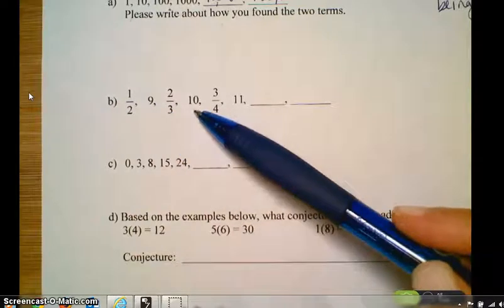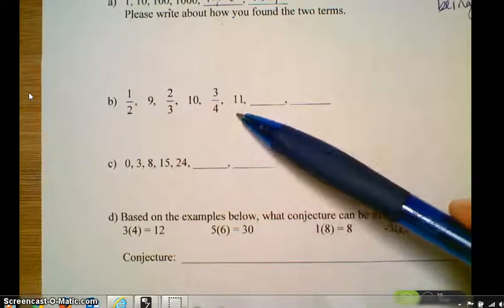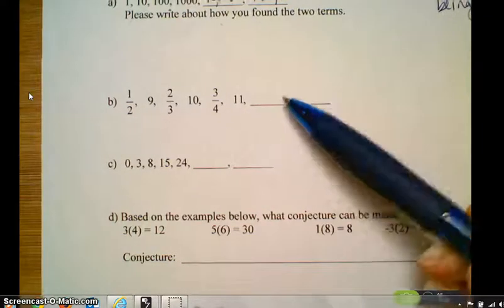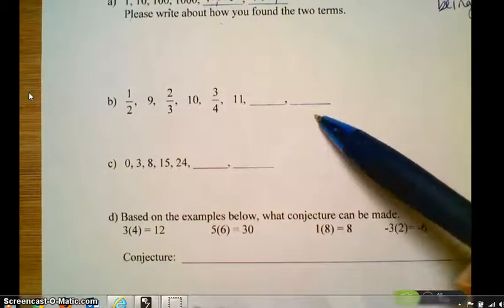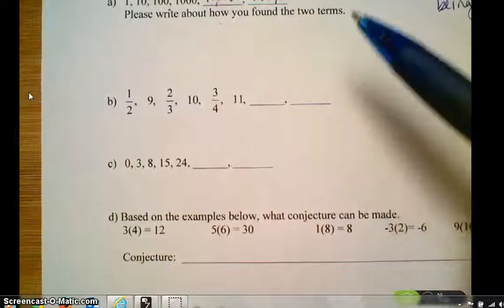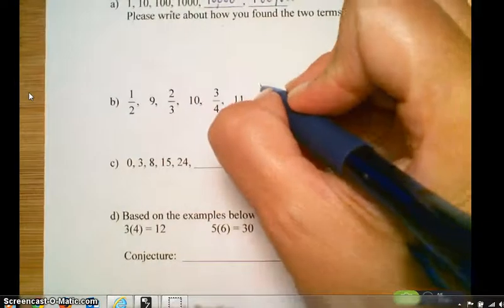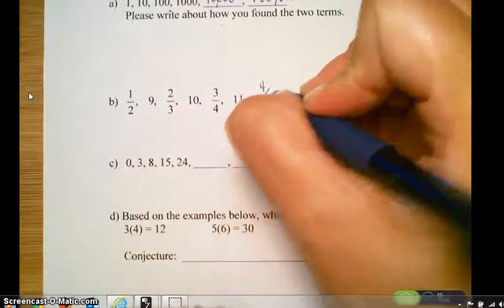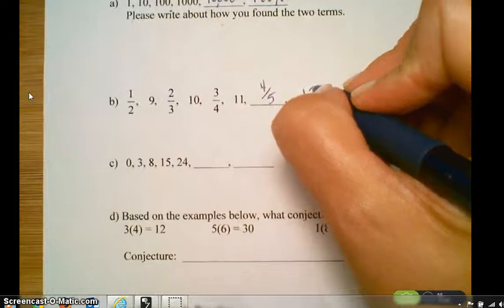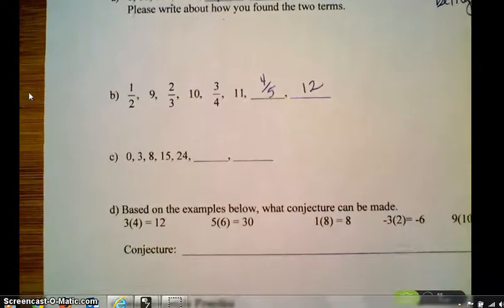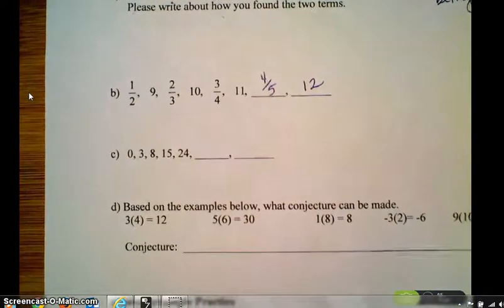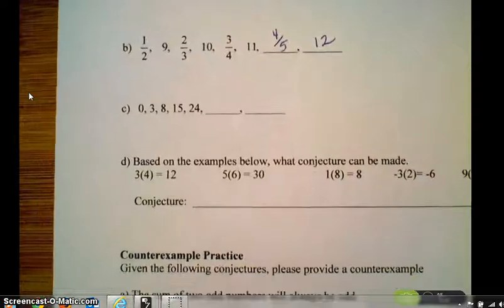We increased it to a 10. We increased it to an 11. With that, I'm going to go ahead, and you should too, fill in these next 2. They are 4/5 and 12.